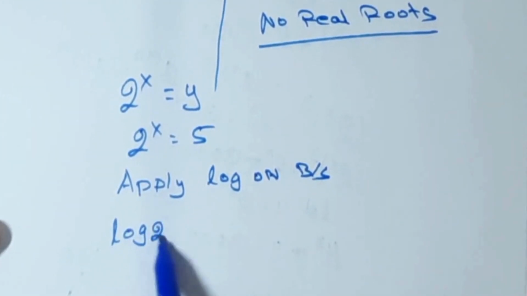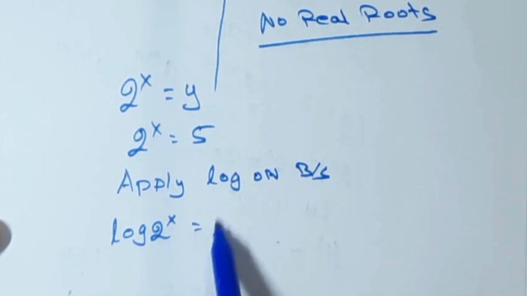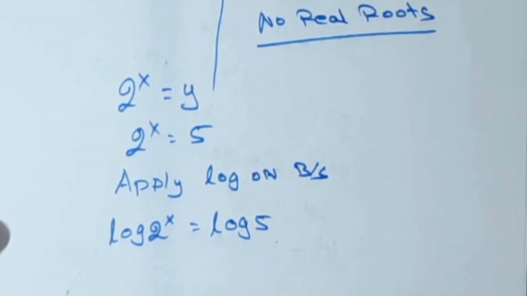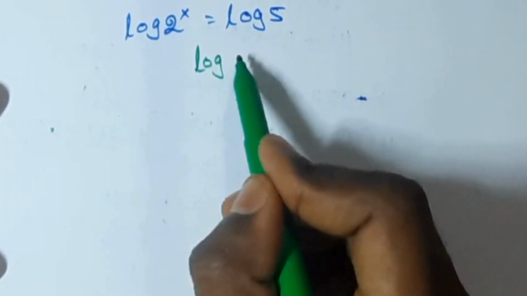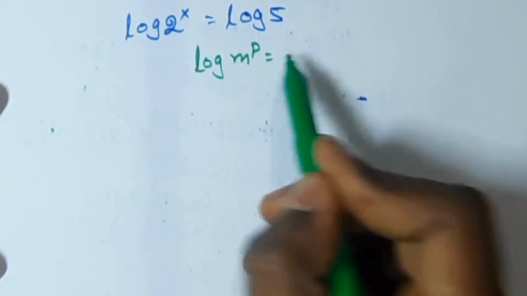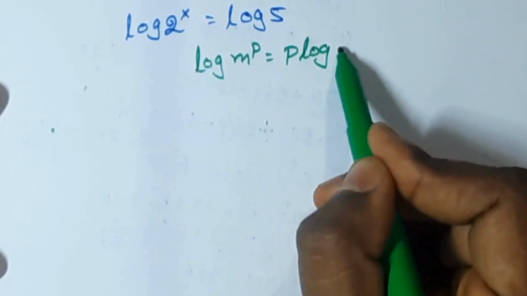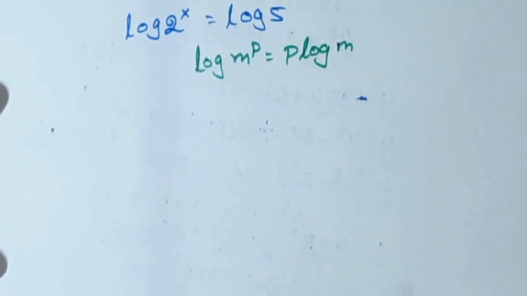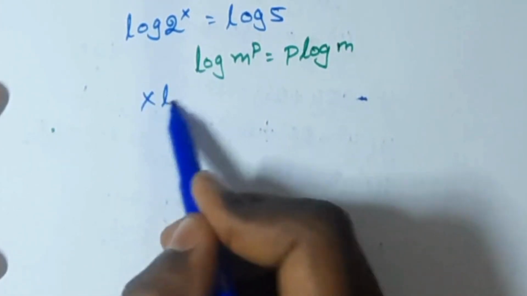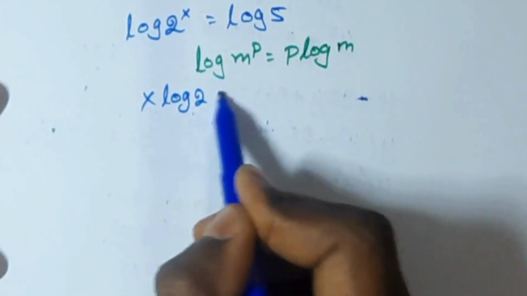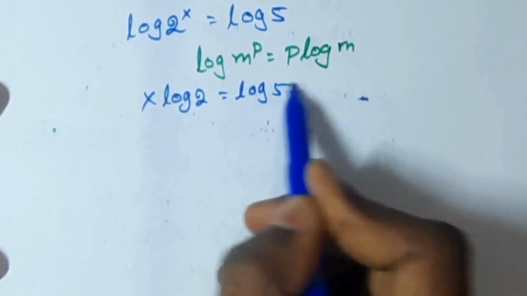Log 2 to the power of x equal to log 5. Log m power p equal to p log m. So x log 2 equal to log 5.